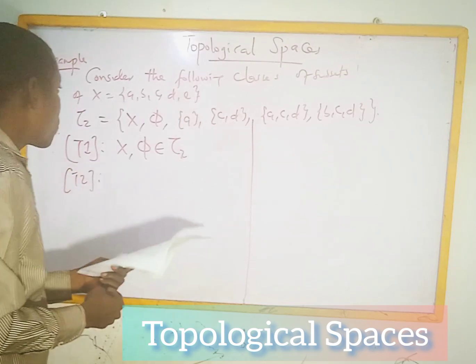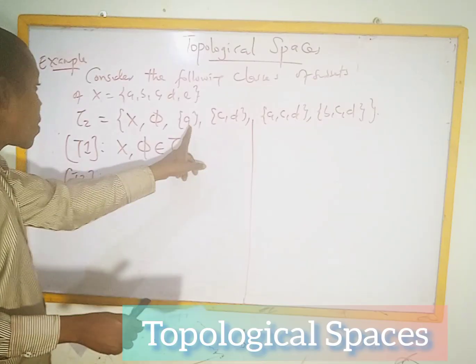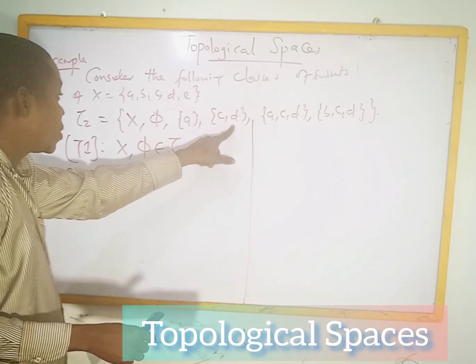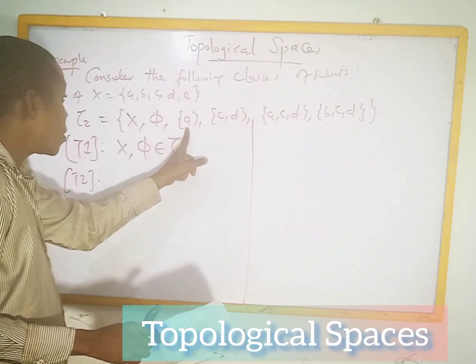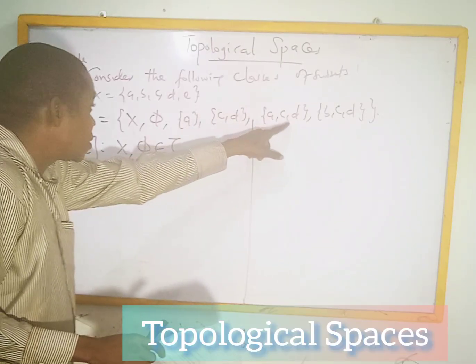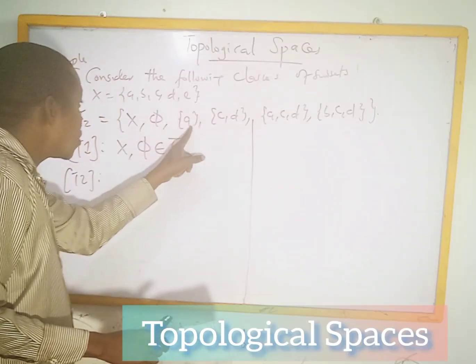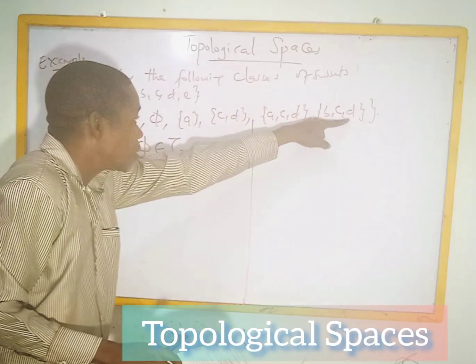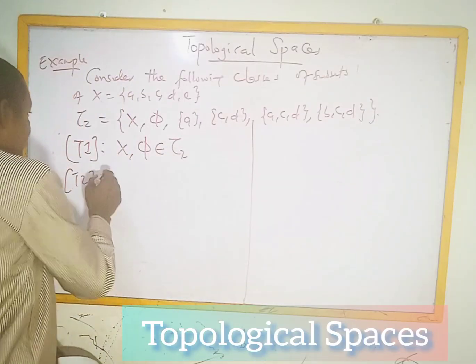Let's check it together. Condition 2 was saying that for unions, if I pick A union CD, I have ACD. That is true. If I pick A union ACD, you still have ACD, which is also a member of that topology. If I pick A union BCD, we have ABCD. Now, look at this. I see something.